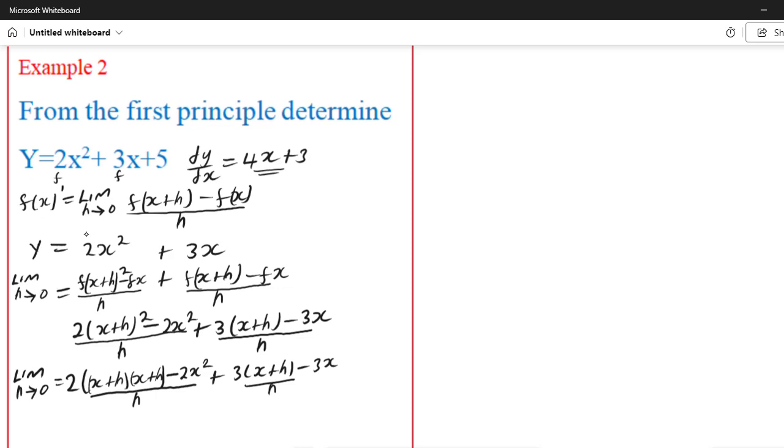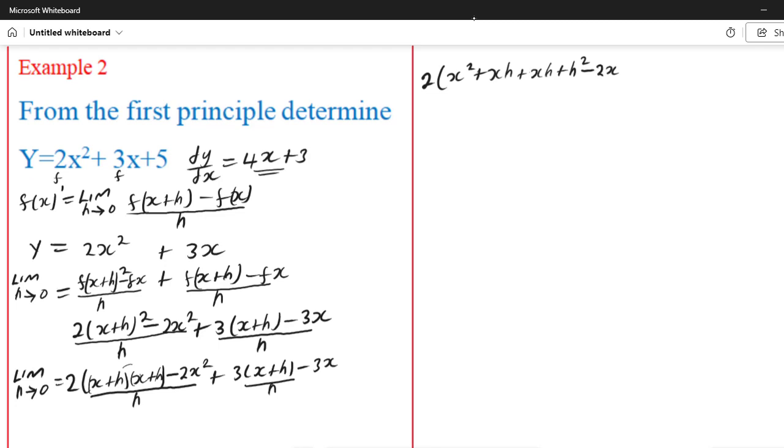So let me multiply it here. So we have 2 times x times x, we will have x squared, plus h times x, so we will have xh, and then h times h, h times x again plus xh, then plus h times h, so you have h squared, then minus 2x squared.